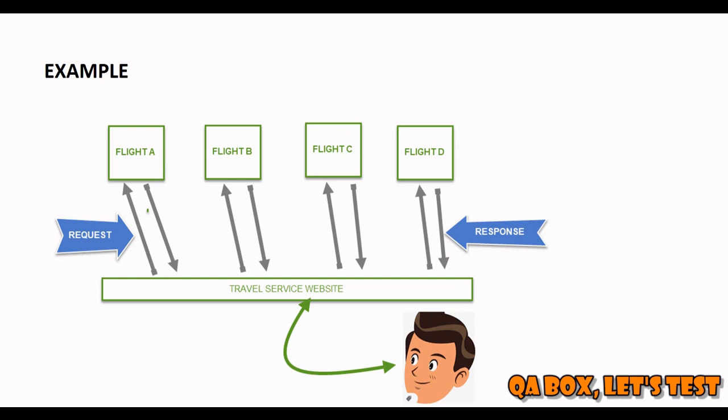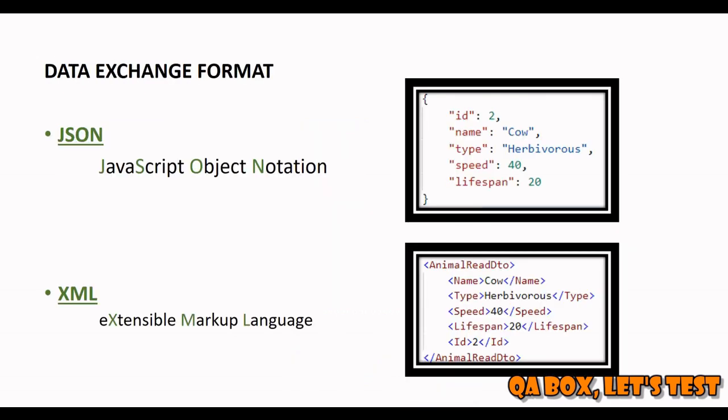Okay, so when two systems are communicating with each other, it is important to pick a data exchange format which can be easily read by both parties. There are two options, and in fact these days we work with JSON and not XML because it's lighter, easy to manage, easy to read.